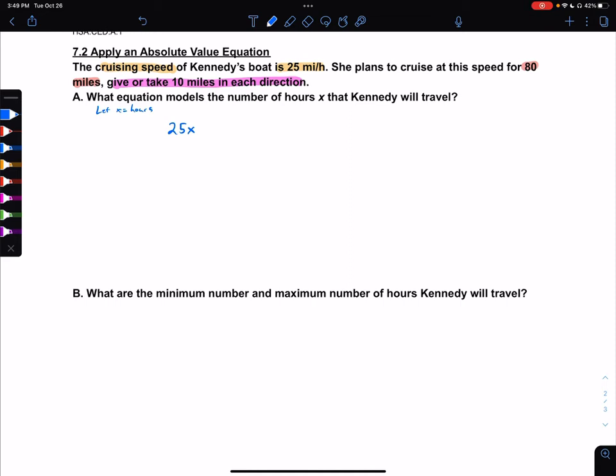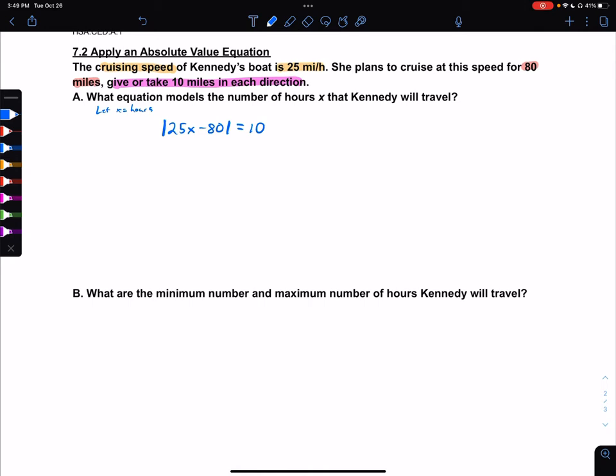So the distance that Kennedy is actually going to travel is 25x minus 80. And then we want the final distance, so we can throw in some absolute values here. That has to be within 10 miles of the 80 mile point, right? So give or take 10 miles.